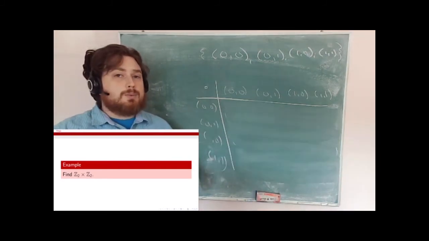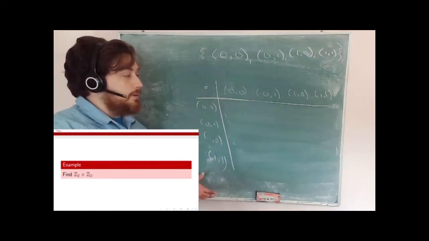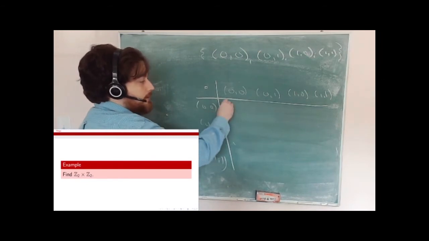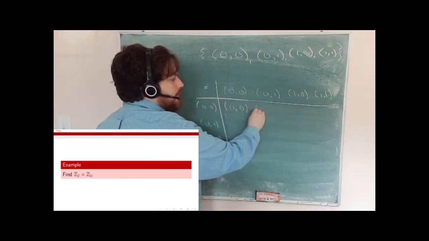If we now look at the multiplication, what we're going to do is multiply component-wise. So if I take (0,0) times anything, I'm just going to get (0,0).